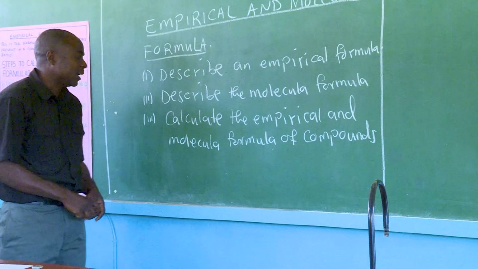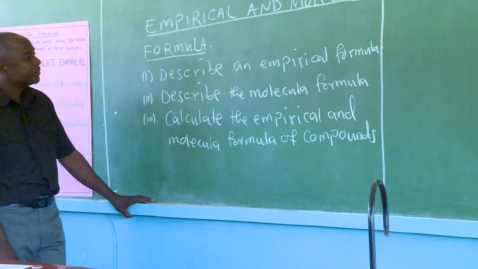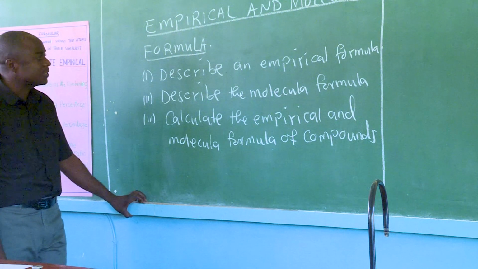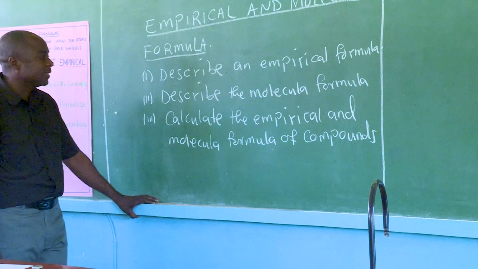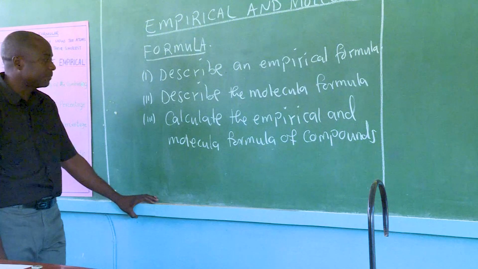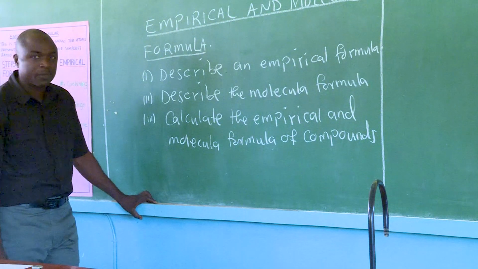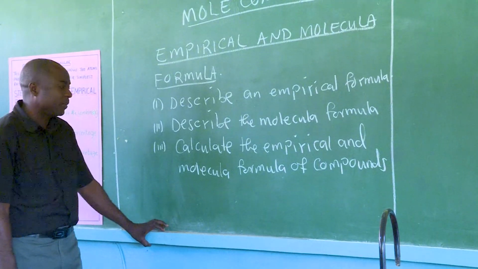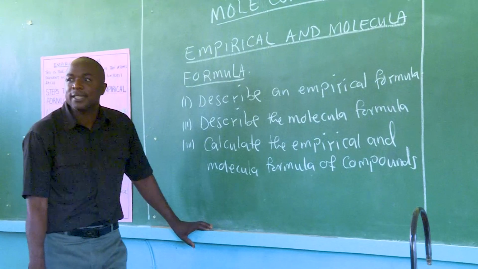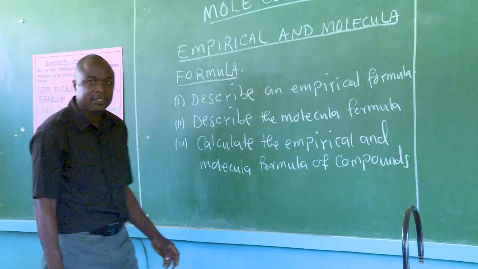So these are our three objectives for today. We should be able to describe what an empirical formula is. We should also be able to describe or define the molecular formula. And finally, we should be in the position of calculating the empirical and the molecular formula of different compounds.